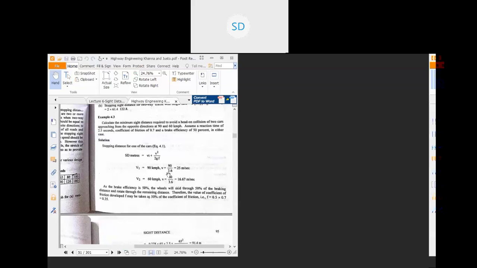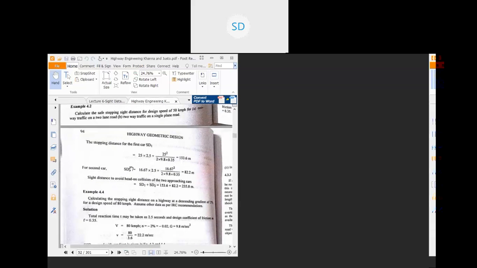So it is ultimately 90 divided by 3.6, which is equal to 25 meter per second. And for V2, it would be the same: 60 into 1000 divided by 3600, so ultimately 60 divided by 3.6, that is 16.67 meter per second. Then after that you can proceed.